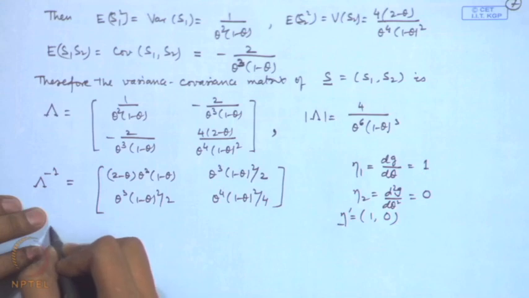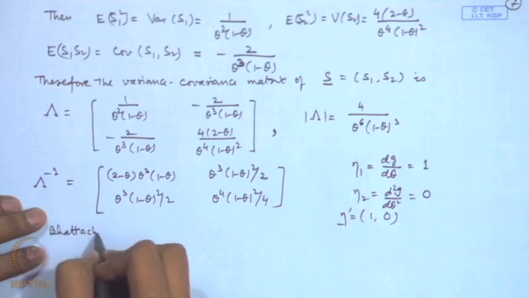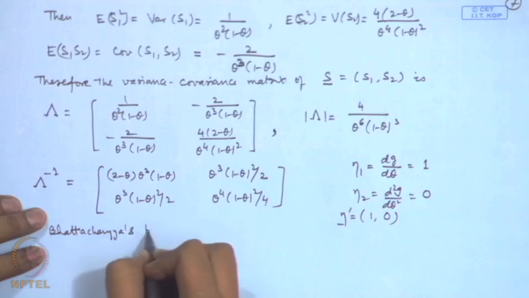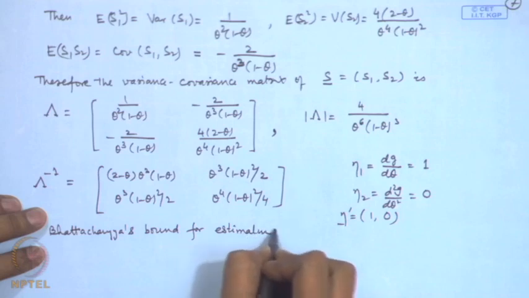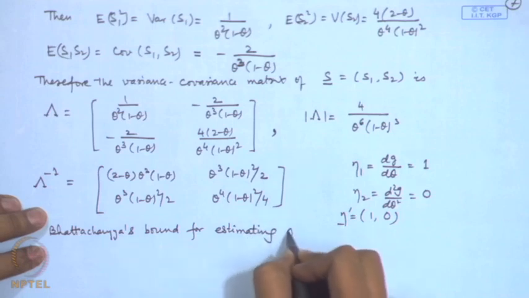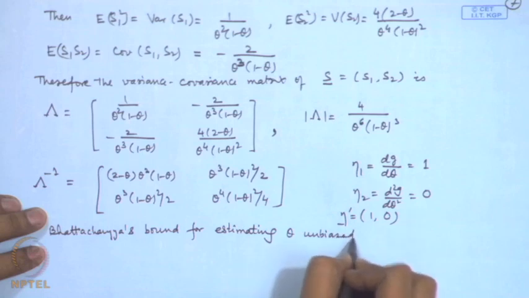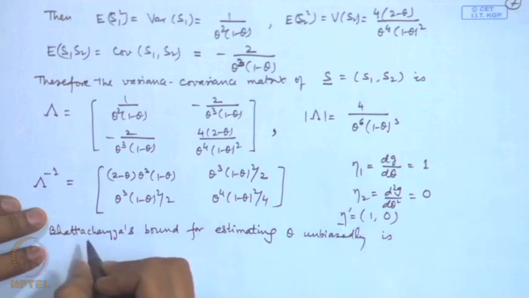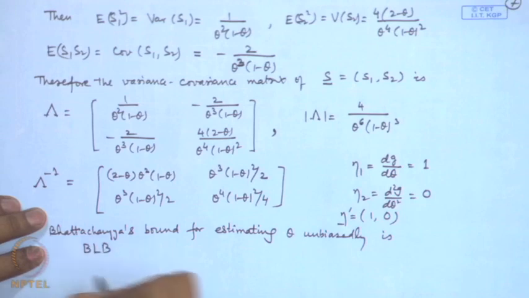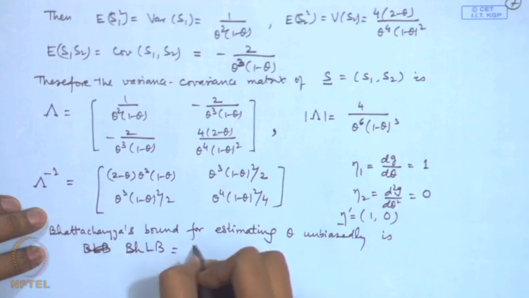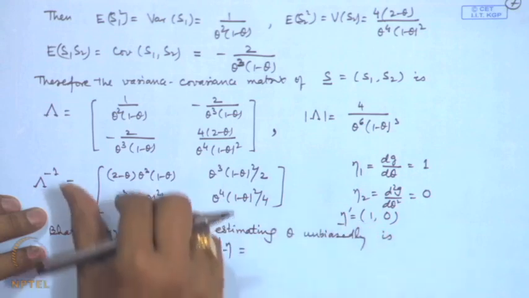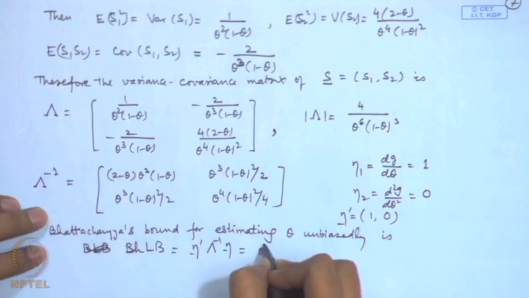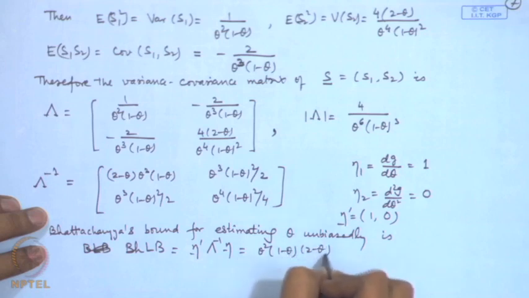So, Bhattacharya's bound for estimating theta unbiasedly, I will call it BLB, Bhattacharya lower bound, or say BHLB, that is equal to eta prime lambda inverse eta. Since eta is (1, 0), you will get actually the first term, that is theta square into (1 - theta) into (2 - theta).